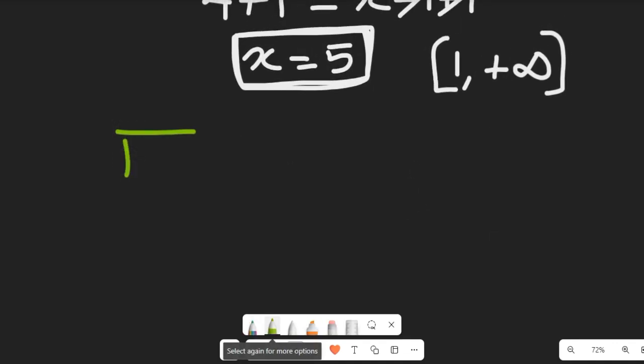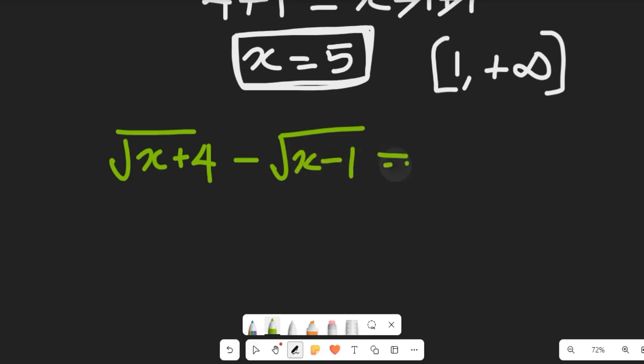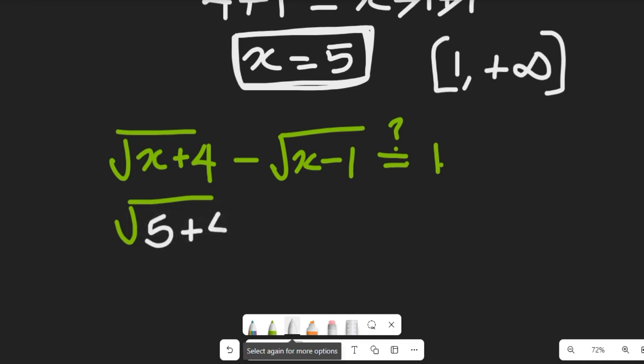We have the square root of x plus 4, minus the square root of x minus 1. Will it be equal to 1? Remember, the value of x is 5, so that will give us the square root of 5 plus 4, minus the square root of 5 minus 1.